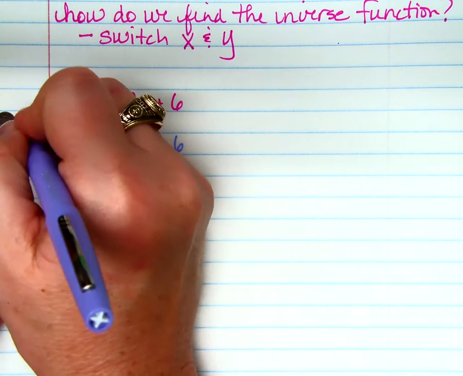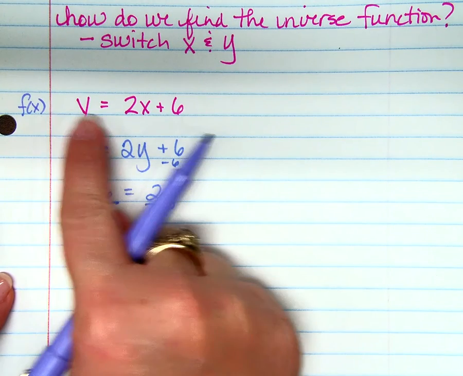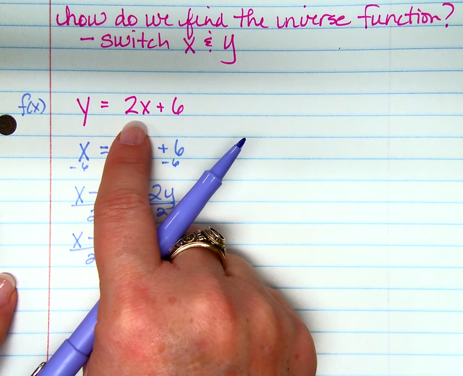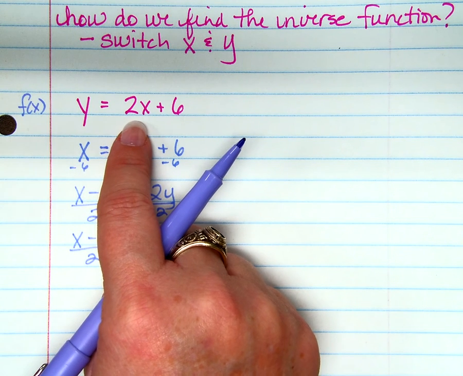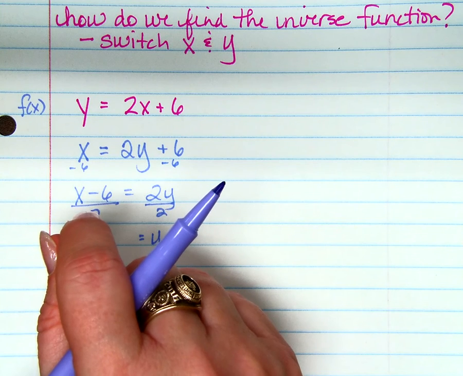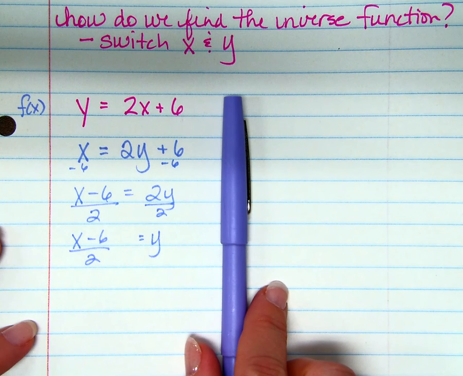So if this is the function, wait, can I say that's a function? What shape is that? If I graphed it, what shape is it? Is it a line? So is a line a function? Are all lines functions? No. Which ones are not functions? Vertical lines, right? Vertical lines are not functions, okay?